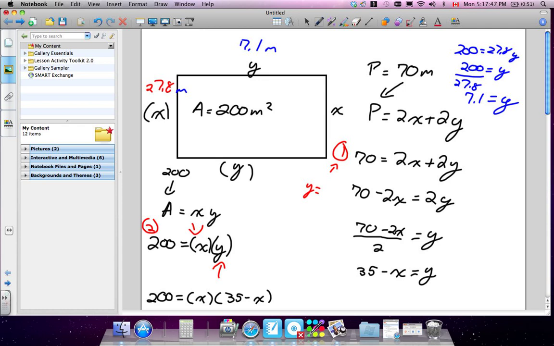but that's not the case. If one dimension is 7.1 meters and the other is 27.8 meters, we'll get an area of roughly 200, and the perimeter will be roughly 70. Now we round it. That's why I'm saying roughly. It's not going to be exact. So for instance, if you multiply those two numbers together, what did you get? Yeah, so you're off a little because we rounded early. There's supposed to be quite a few other numbers after that.